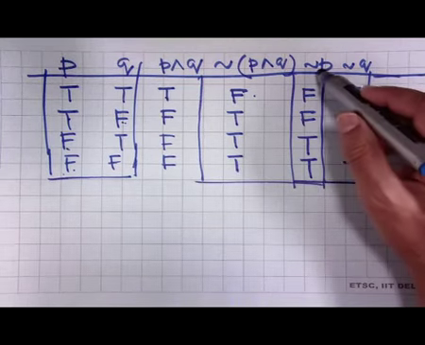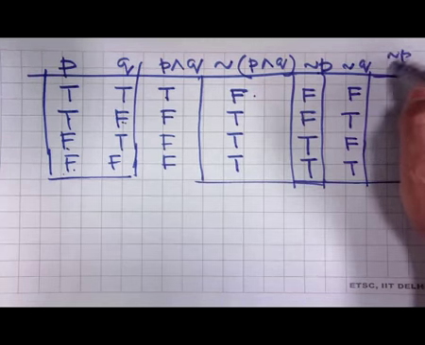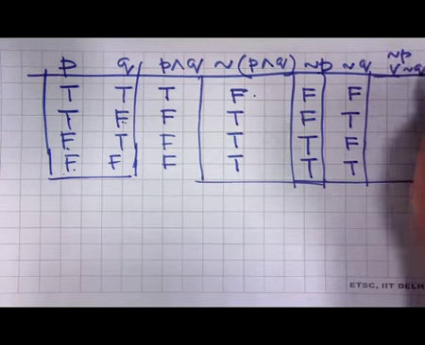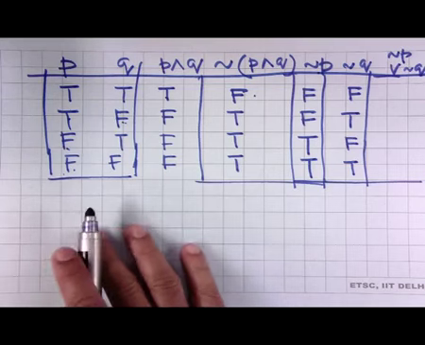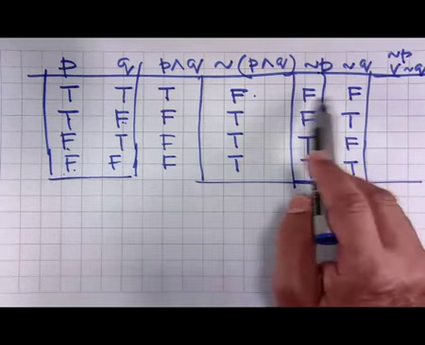Now, what is not P or not Q? Not P or not Q, therefore we will have the following truth values.